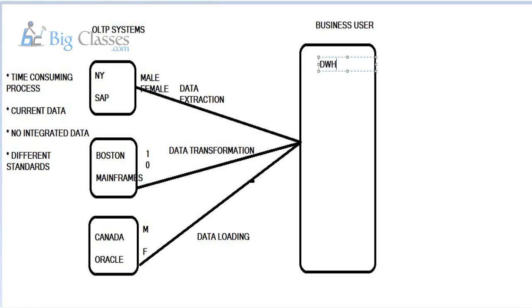The data warehouse is a concept, a process, or a theory that we build on any database. A data warehouse is again a database, which can be built on any RDBMS and serves the purpose of business analysis. It can be built on Oracle, it can be built on Teradata.